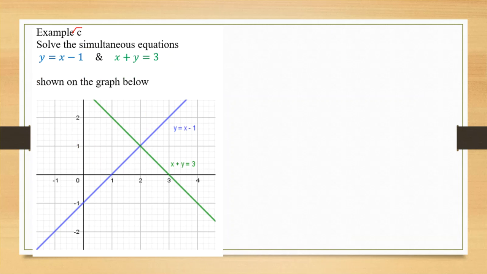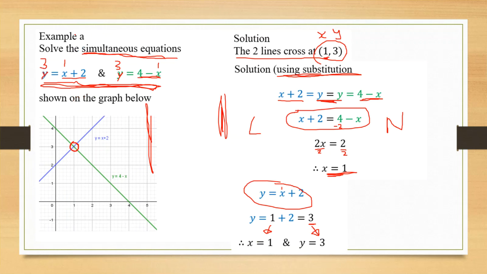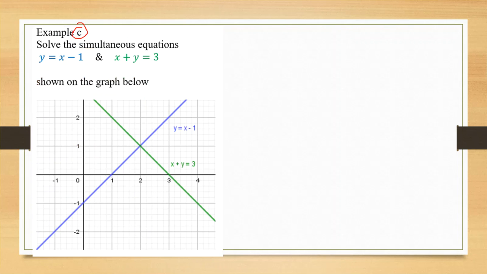Example C. So this was A and this was B. B was using substitution. So example C, got these two equations. Graphically, we go across to 2 and up to 1 for this intersection point. So where the two graphs cross over. So 2, 1 is the solution.